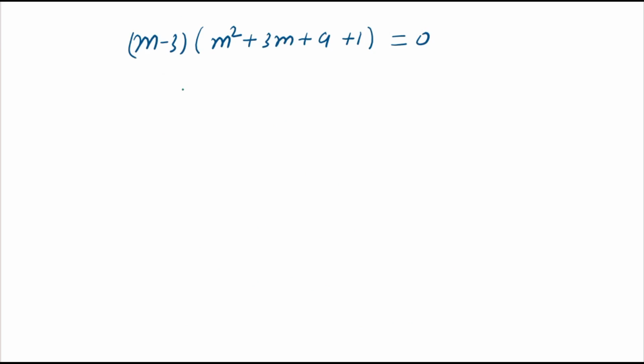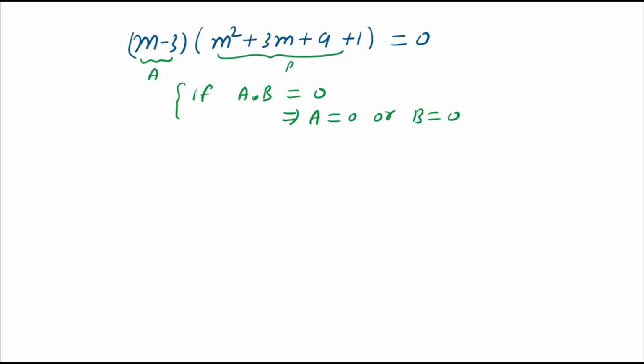Now here we will apply this rule: if a times b = 0, this implies a = 0 or b = 0. Then m - 3 = 0 or m^2 + 3m + 10 = 0.